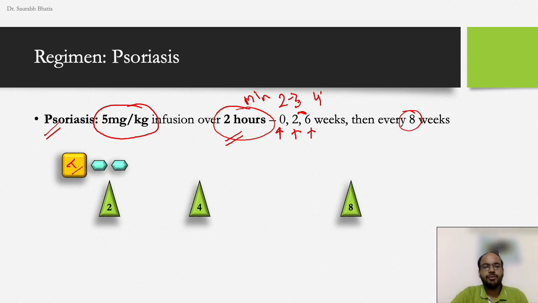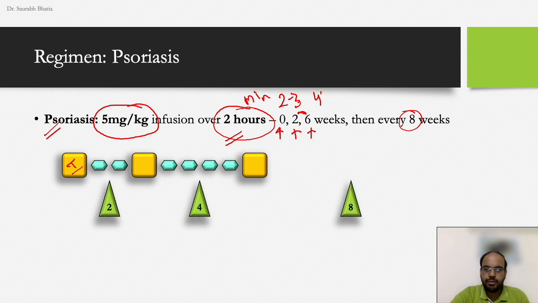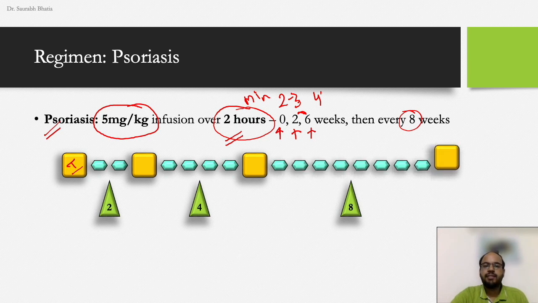Then you wait for 2 weeks, give the second dose of 5 mg per kg, wait for 4 more weeks, give the third dose at 5 mg per kg, wait for 8 weeks, give 5 mg per kg, and subsequently, if the disease activity is still present, you keep on giving infliximab every 8 weeks.